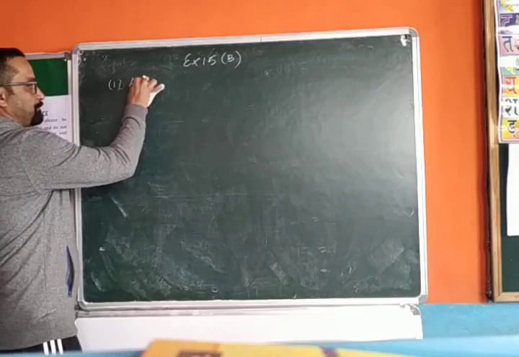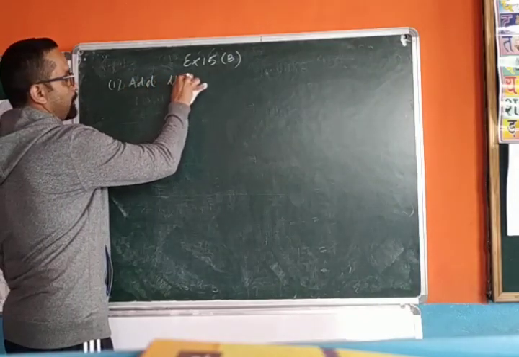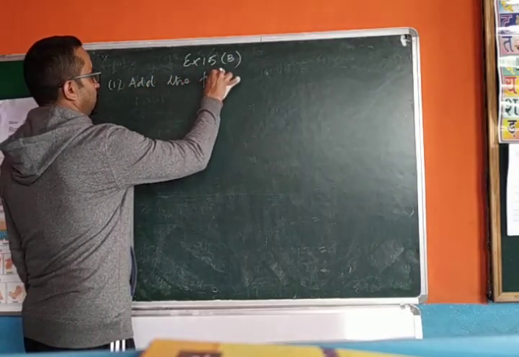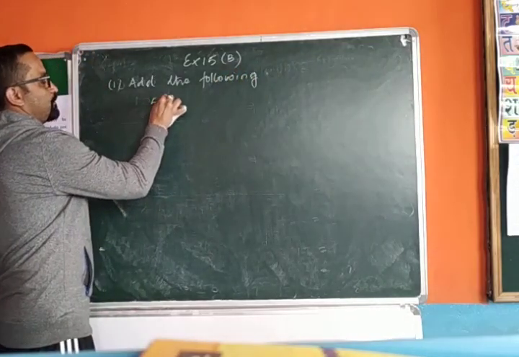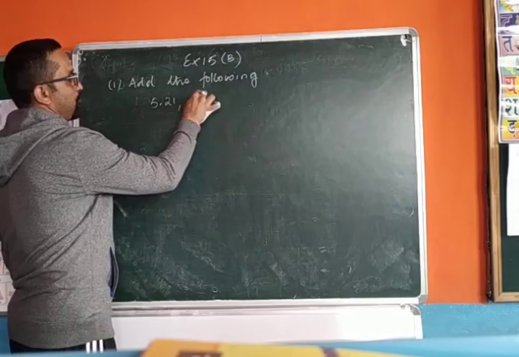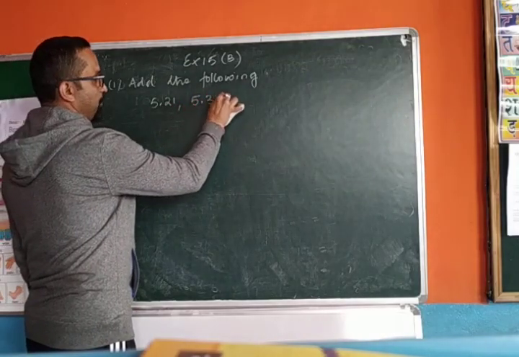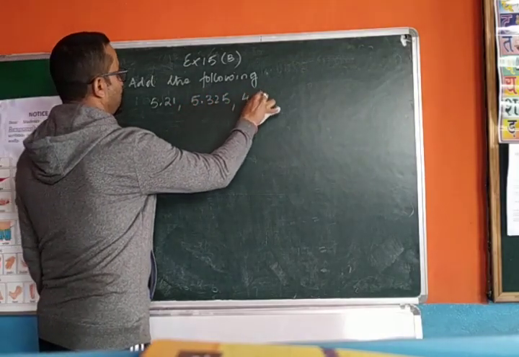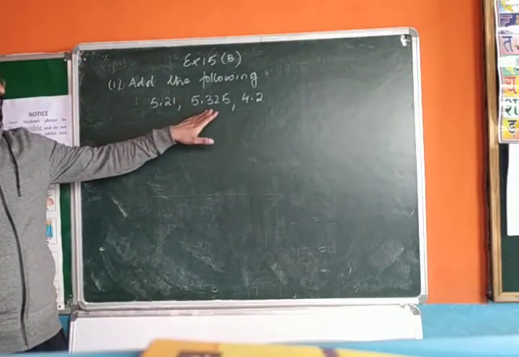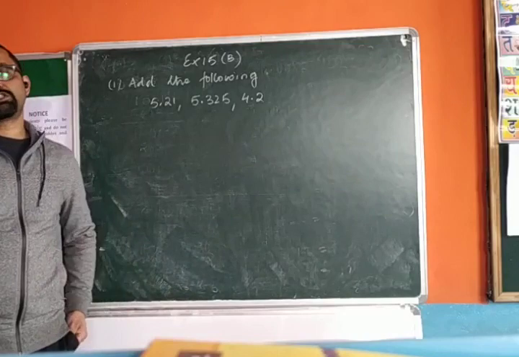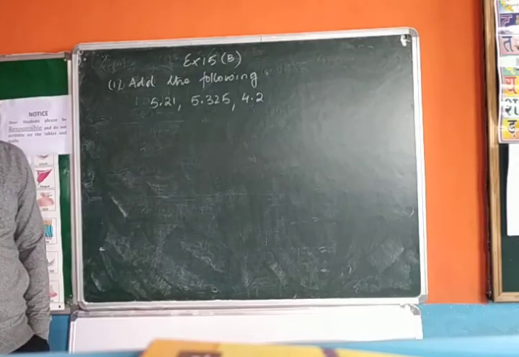Add the following: 5.21, 5.325, 4.2. Look at these given decimal fractions. You need to add them up.